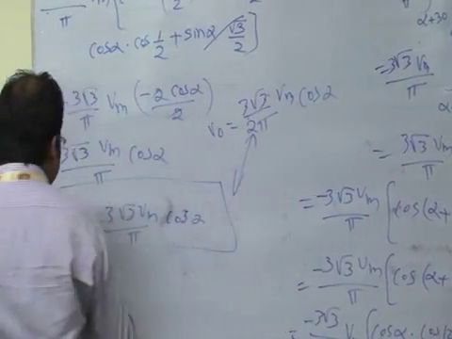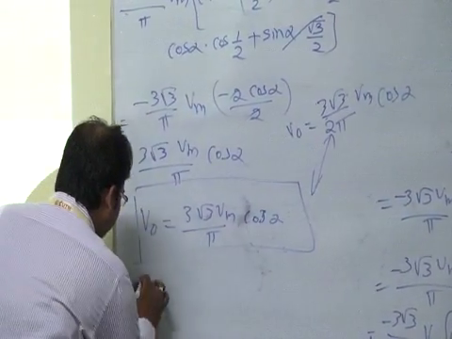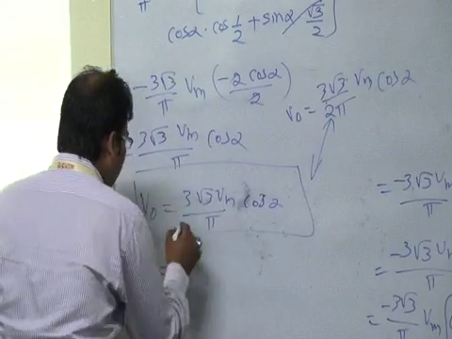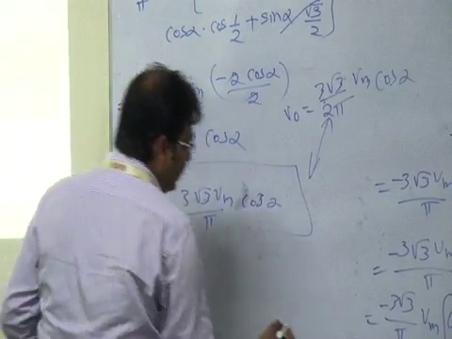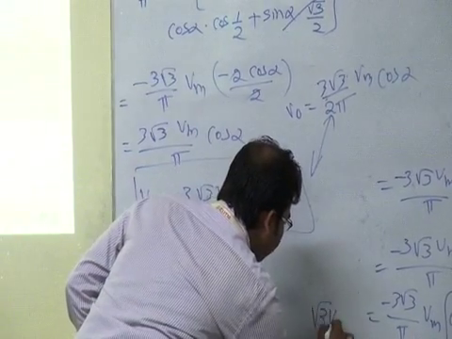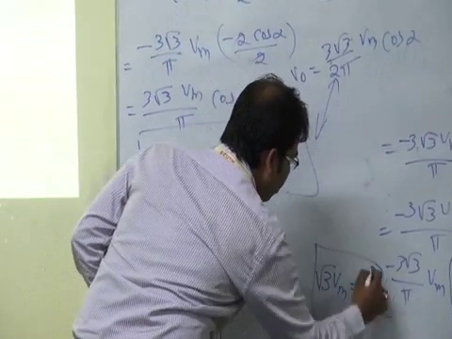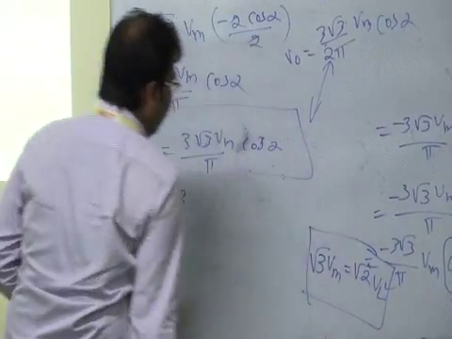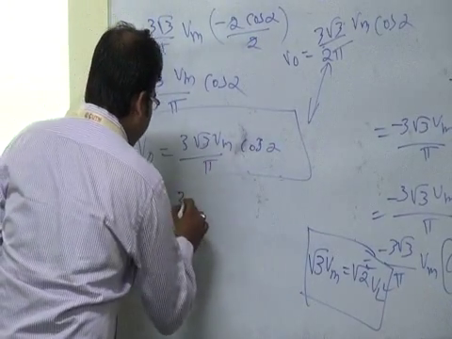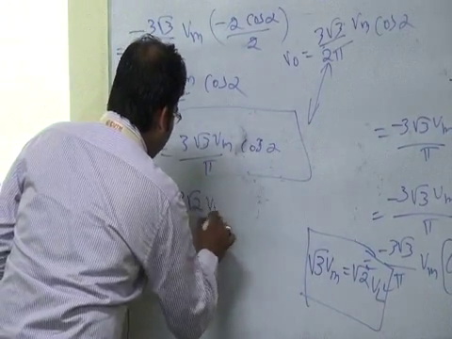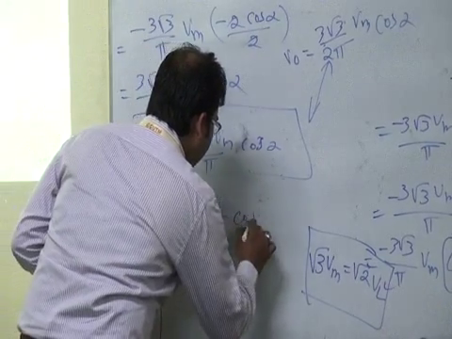Now in terms of line voltage, we can write this equation further. So V0 is equal to, since we know root 3 Vm is equal to root 2 VL, where VL is the line voltage. So here we can write 3 root 2 VL by pi cos alpha.